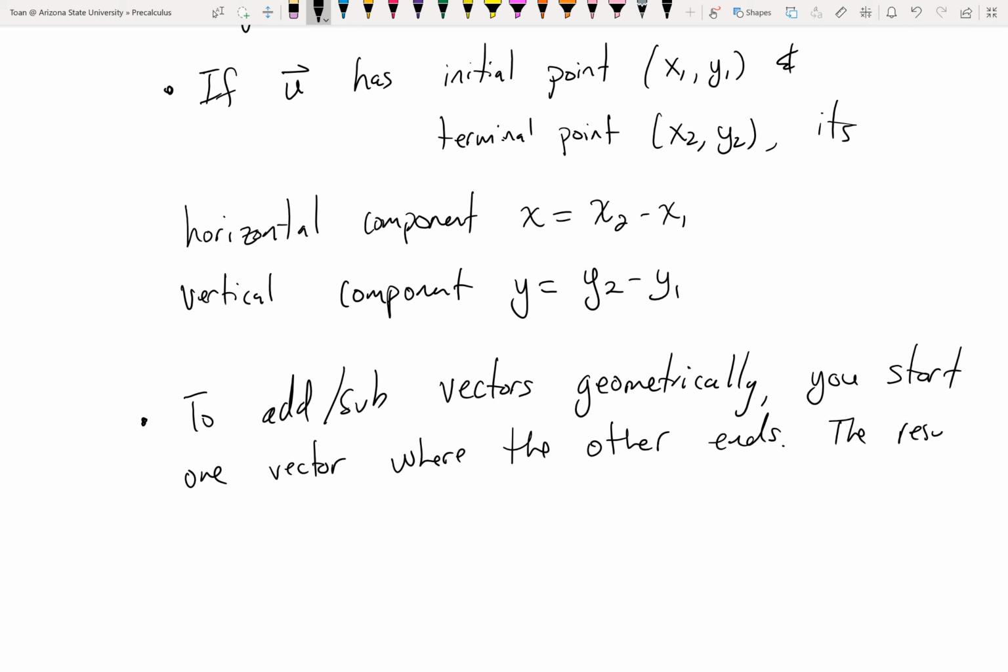The resulting, or the resultant, vector is from the initial to the overall final point.